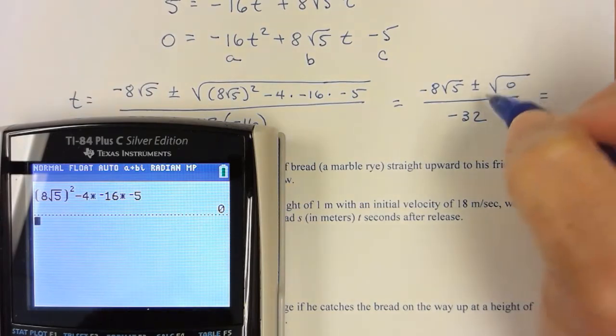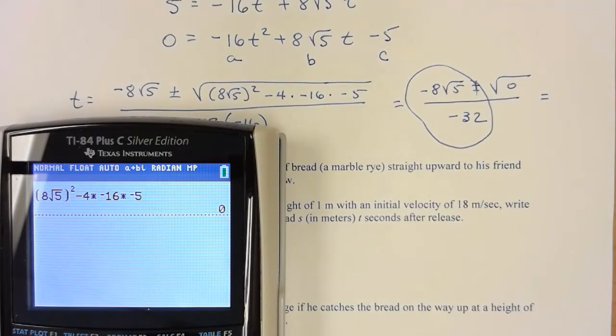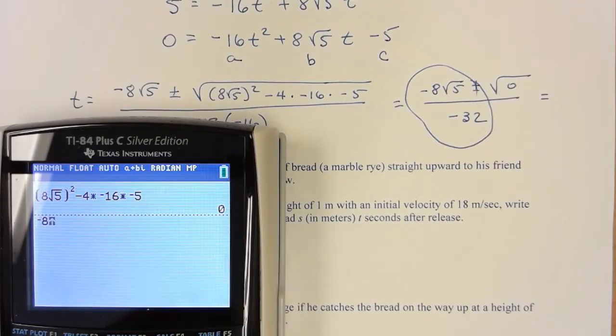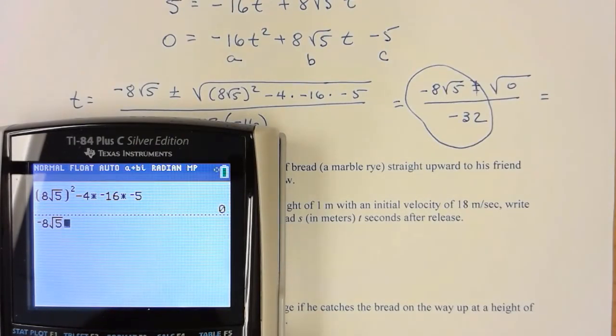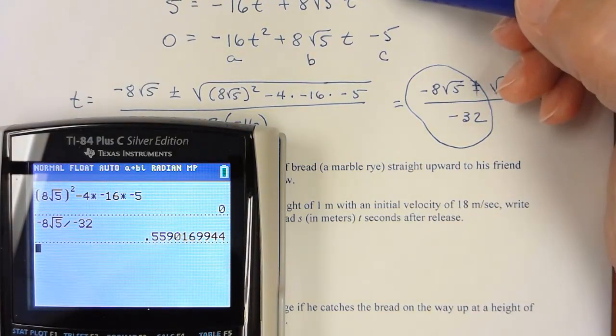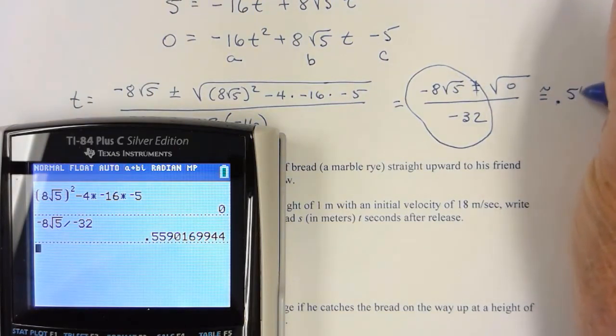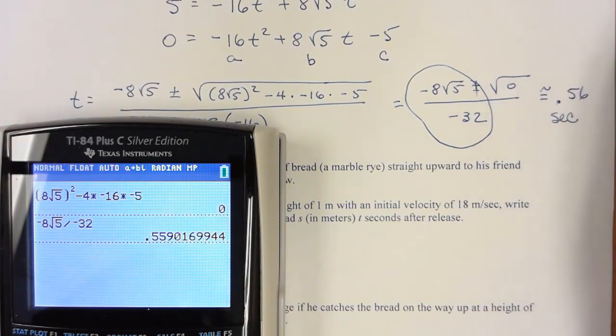All I need to do is go ahead and divide that out. So negative 8 square root of 5 divided by negative 32. It says to round to the nearest hundredth of a second, that's the second decimal place. So it's going to be approximately 0.56 seconds for him to get to 5 feet once he leaves the ground.